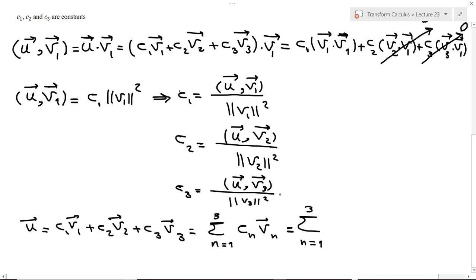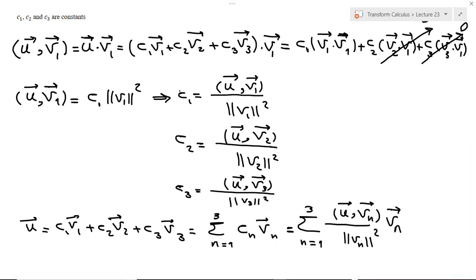Here we found Cn: Cn is the inner product of vector U and Vn divided by the magnitude of Vn squared, times Vn. So we could write vector U in terms of three mutually orthogonal vectors V1, V2, and V3.